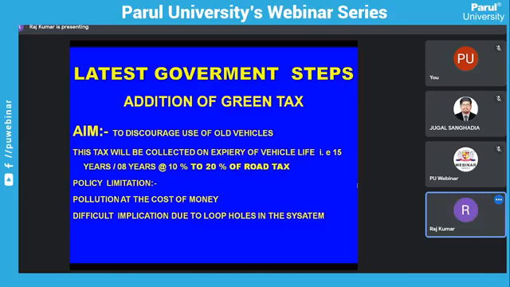If we run a vehicle older than 15 years, we have to pay 10 to 20% more road tax on that vehicle. So the government is taking steps to discourage the use of old vehicles because old vehicles generate more pollution.